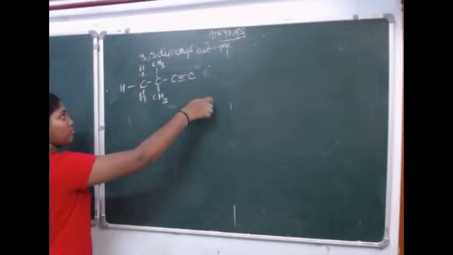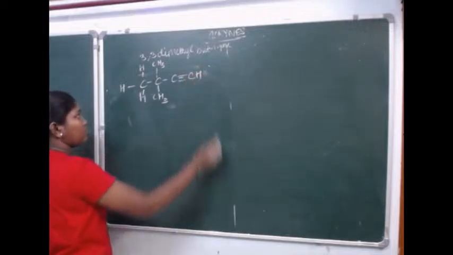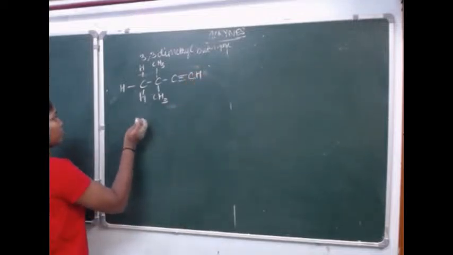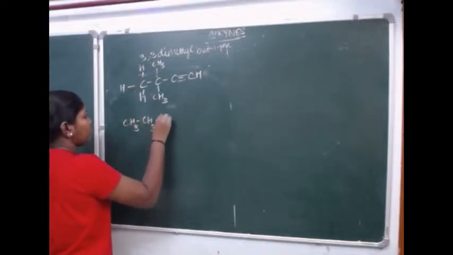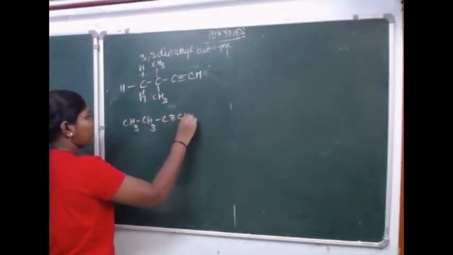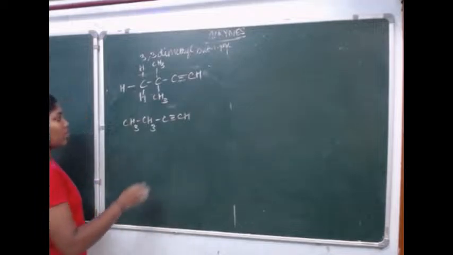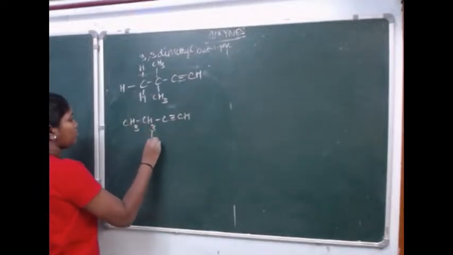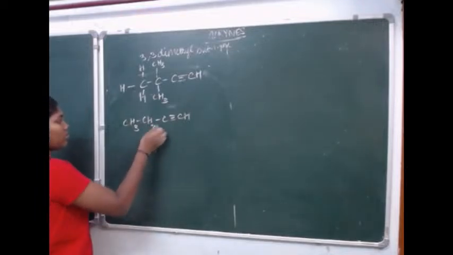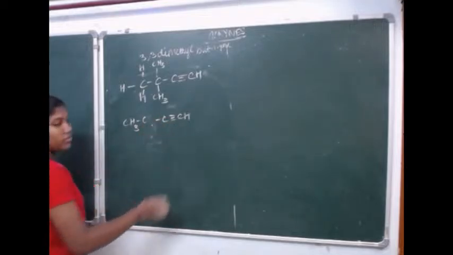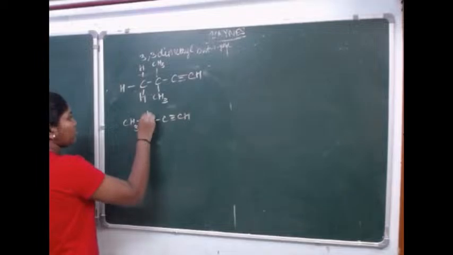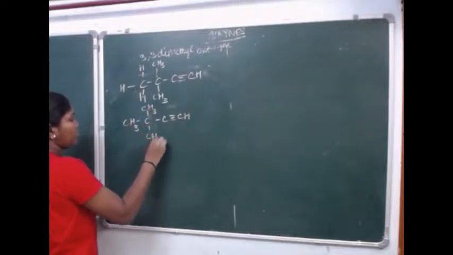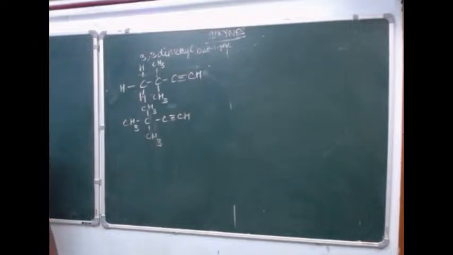Put H, terminal H. Now you can rewrite CH3. No. Once again you are making the mistake. CH3. No, C only. You have to put CH3, CH3 only. That's it. Okay? Do you understand now?